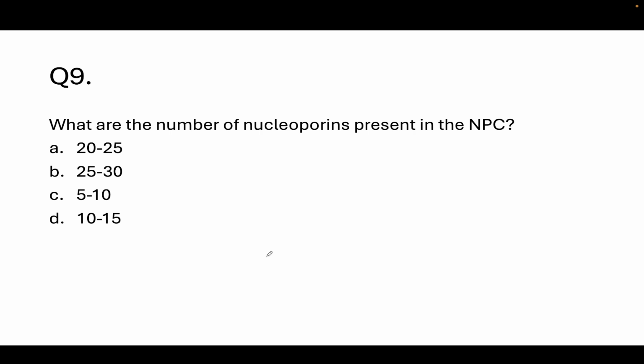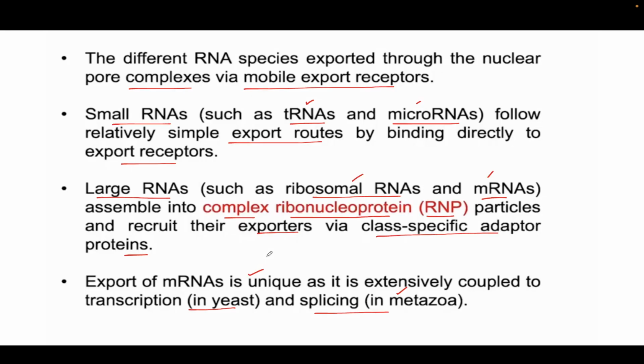Understood? Fine then. So I think it is clear which RNAs are transported in the ribonucleoprotein complex and which RNAs just transport using the exportin or export receptors. They don't require much protein and complex mechanism to transport. They are microRNAs, tRNAs, and like this.